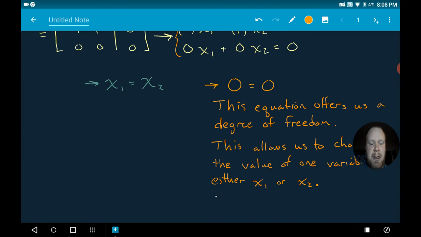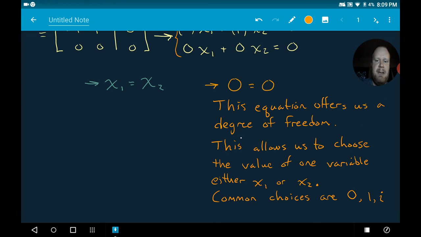And since we get to choose what it is, common choices are 0 and 1. And then very rarely we could choose i. We'll see that in section 4.7, I think. But usually you want to choose them in this order: 0 if you can, and then if that's not available, 1, and if that's not available, i.